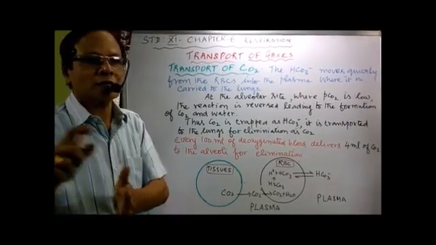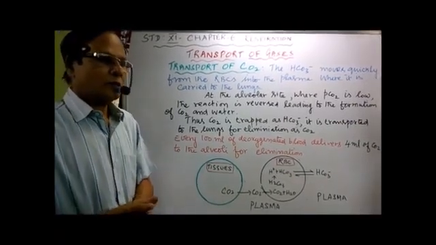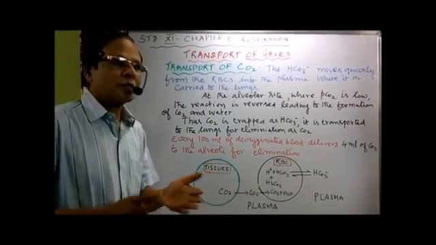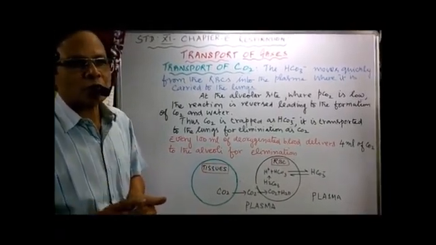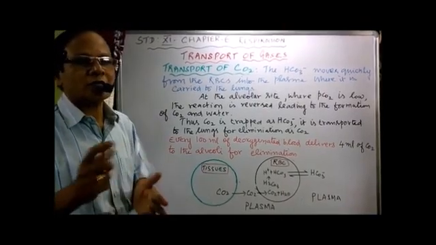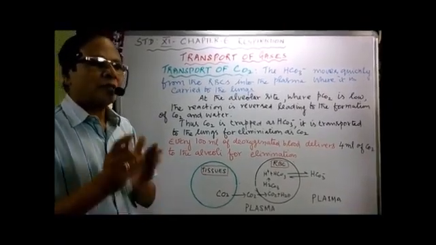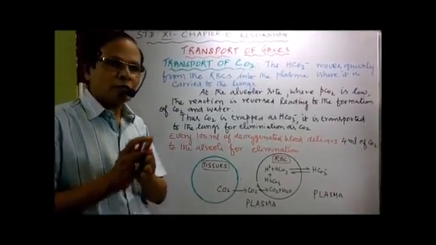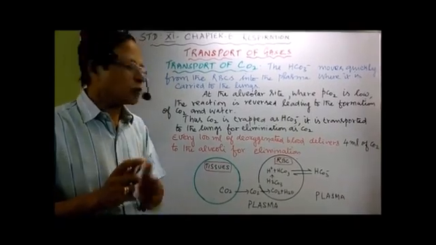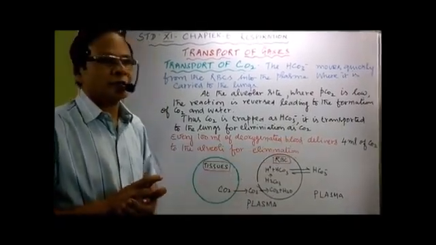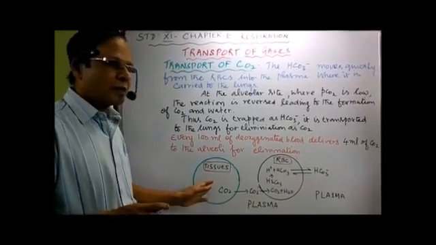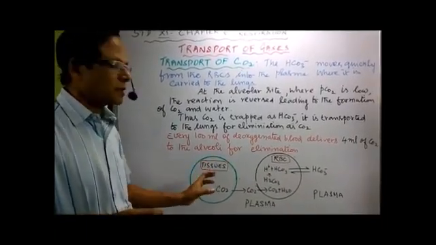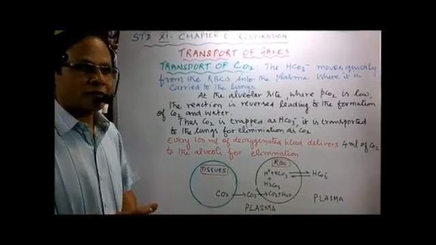Now carbon dioxide is eliminated. So the carbon dioxide is trapped as bicarbonate ions at the tissue level and transported to the alveoli for elimination as carbon dioxide. Every 100 ml of deoxygenated blood delivers only 4 ml of carbon dioxide for elimination. Now here is a simple diagram showing how the transport of carbon dioxide occurs.